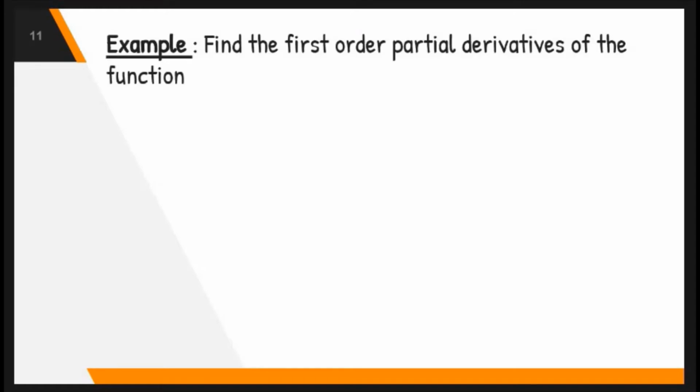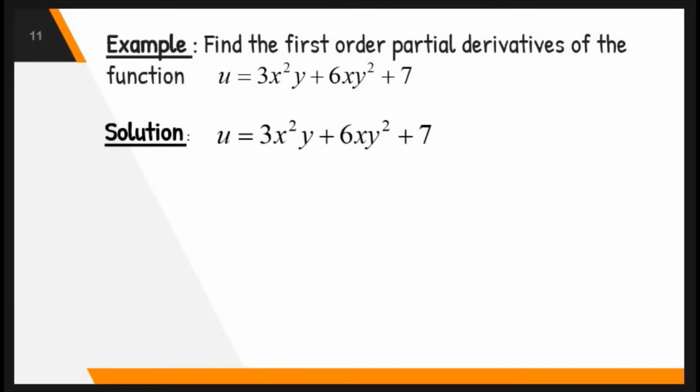Now let us solve one example. Find the first order partial derivatives of the function u is equal to 3x square y plus 6xy square plus 7. If you observe, in this equation you have a dependent variable u and independent variables x and y. That means you have to differentiate u partially with respect to x as well as with respect to y. First write down the equation and then differentiate this with respect to x.